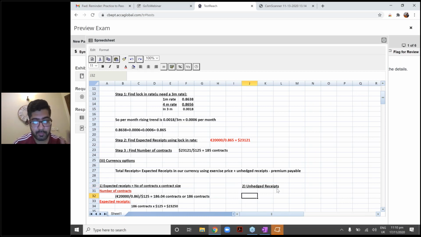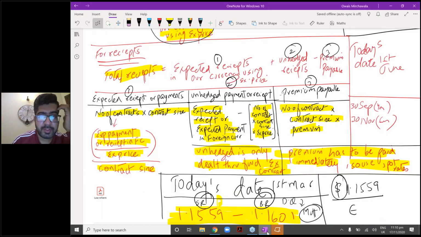Now remember the formula of unhedged receipts. I told you at the beginning the formula of unhedged receipts. Here it is. Expected receipt in foreign currency minus number of contracts into contract size into exercise price.